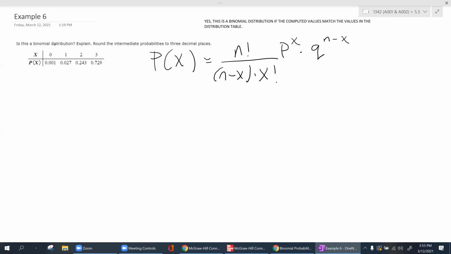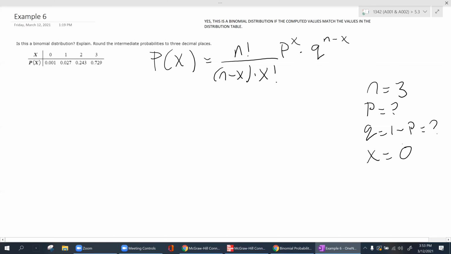For this example, my n is going to be 3. My p, I don't know. My q is 1 minus p, but since I don't know p, I don't know that either. And my x value here is going to be 0.